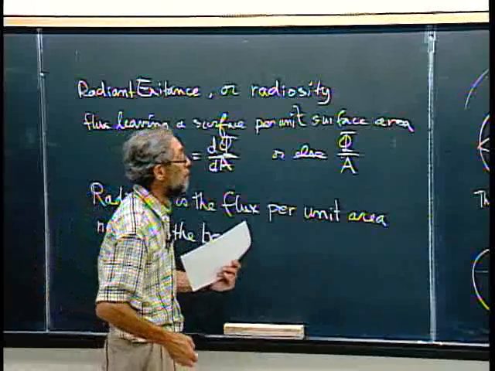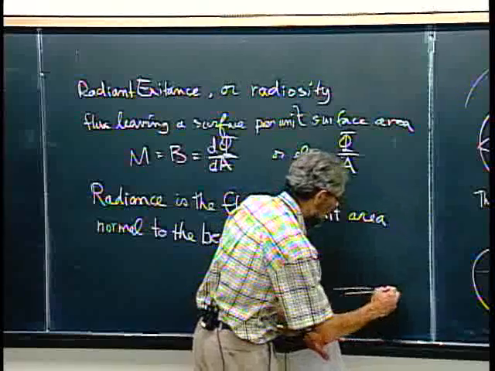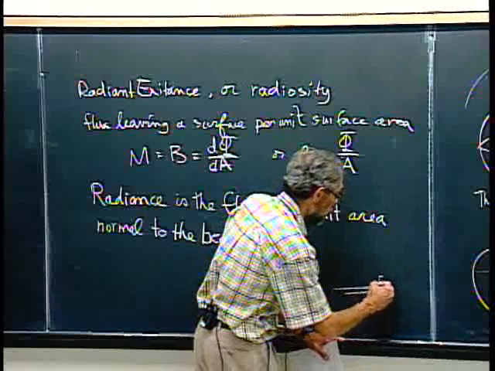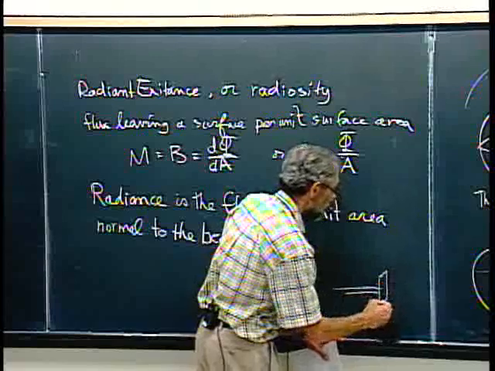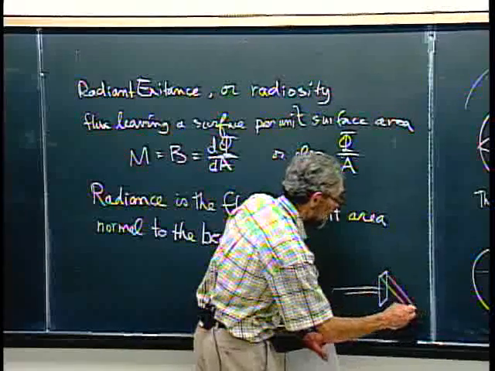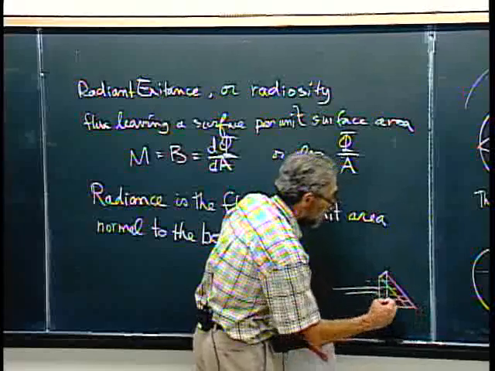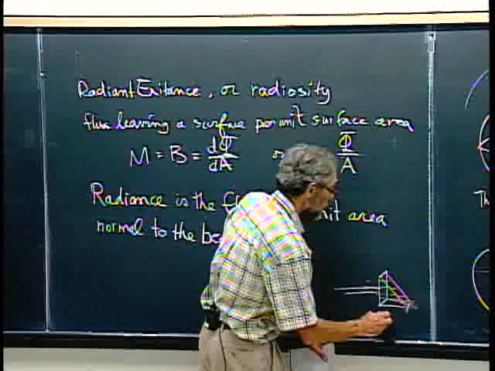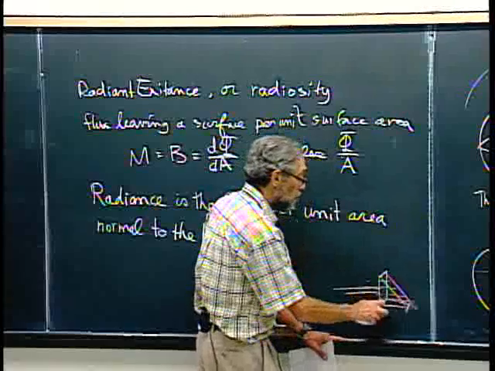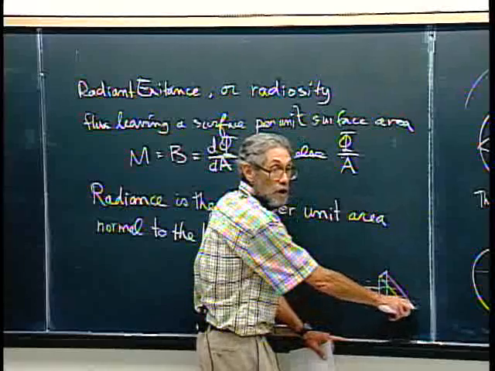If I have, say, flux coming this way, and here is the area normal to the beam, but I actually tilt my piece of paper so it's more like that, then the same flux will hit both, but this area here is actually larger than this area. And I don't want to measure it per unit area on the larger surface.